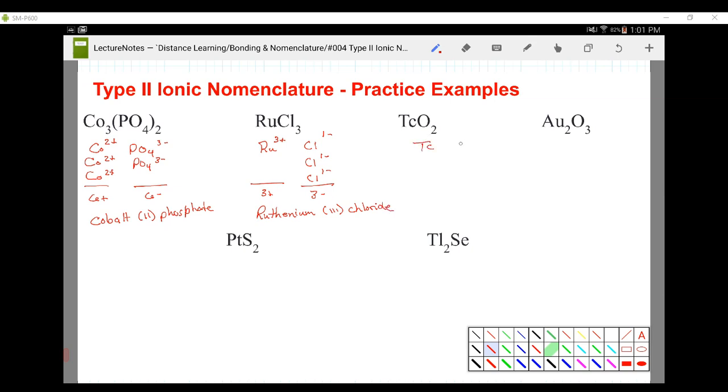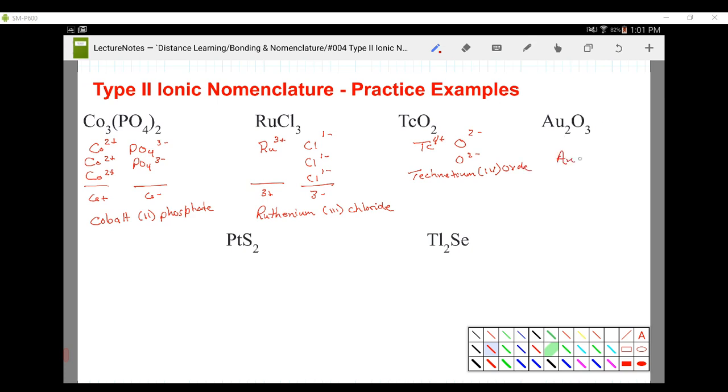Next we have technetium and oxygen. We know oxygen has a 2- charge, so the single technetium ion must be 4 positive. Makes technetium 4 oxide.